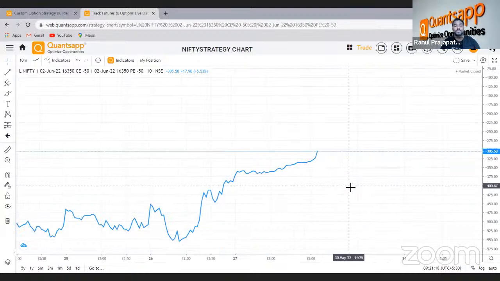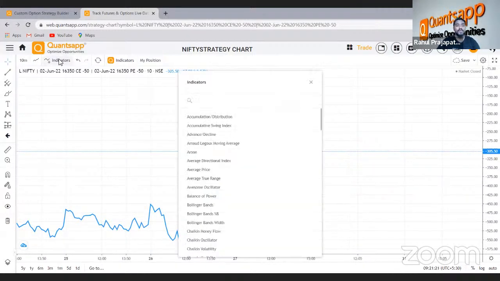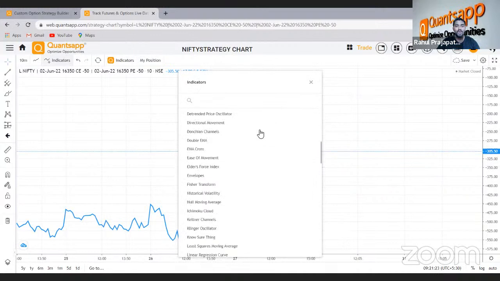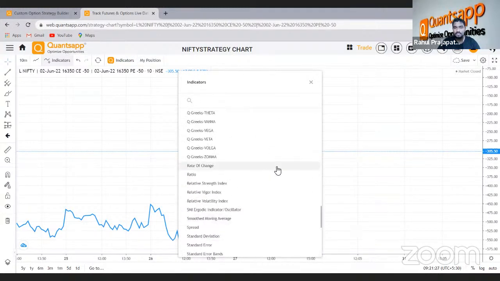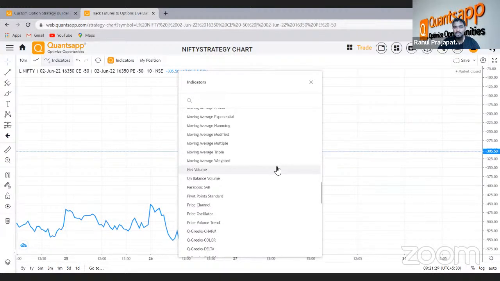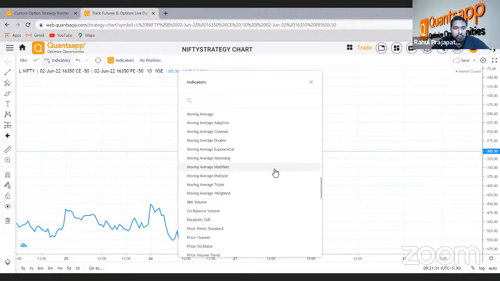So how do we use this first thing? First you can even go to the indicator and whatever indicator you want to plot, you can plot in this also. You can just put a moving average in this.